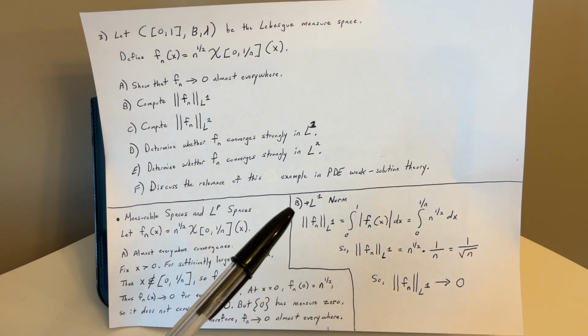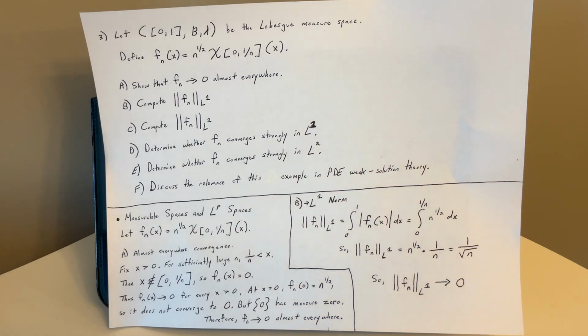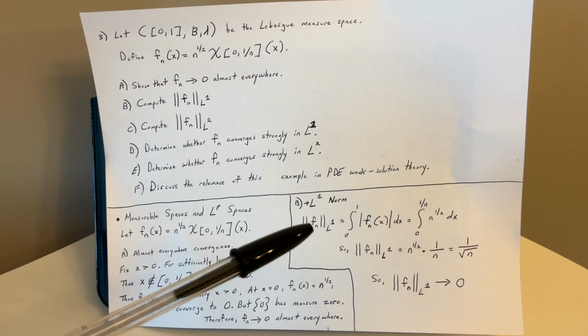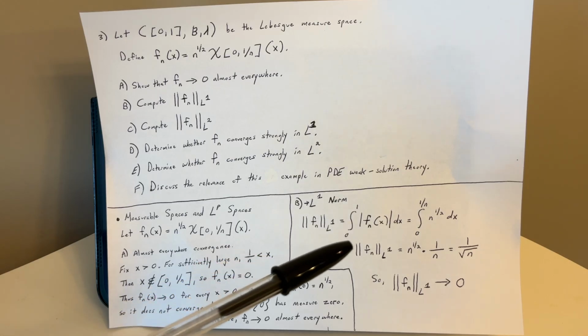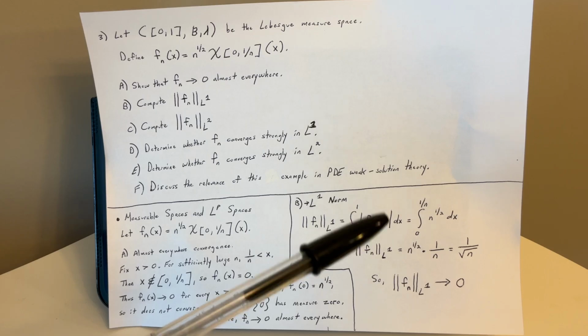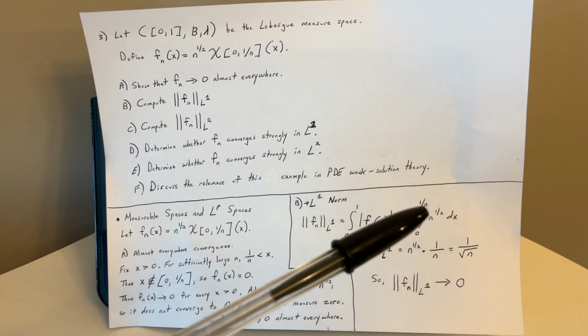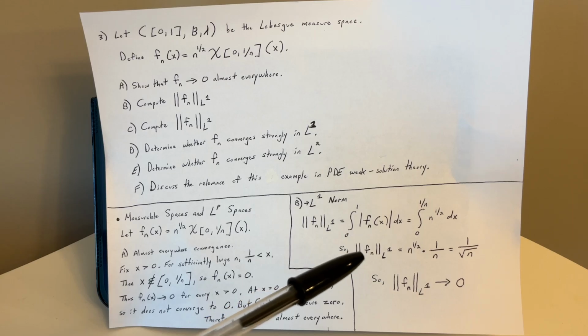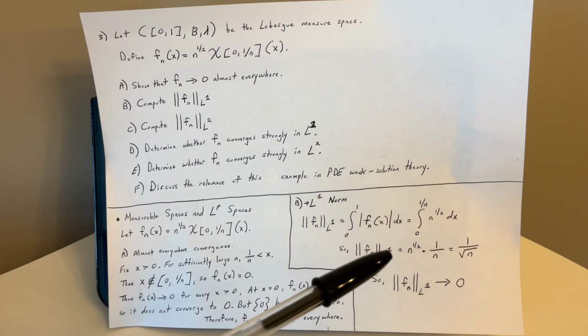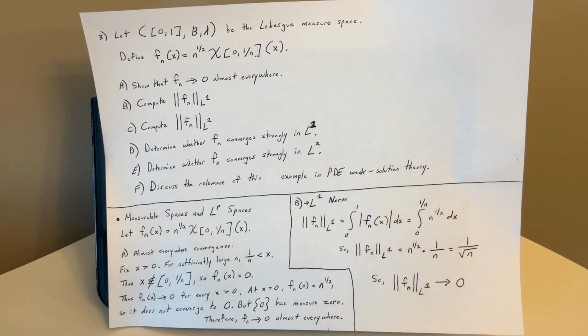Okay. For part B, the L1 norm of f sub n equals the integral from 0 to 1 of the absolute value of f sub n of x dx, which equals the integral from 0 to 1 over n of n to the 1/2 dx. So the L1 norm of f sub n equals n to the 1/2 times 1 over n, which equals 1 over the square root of n.